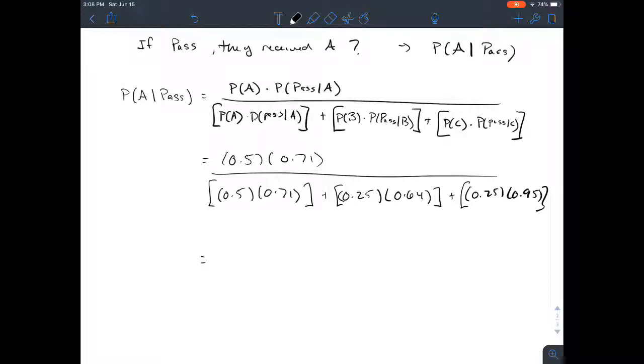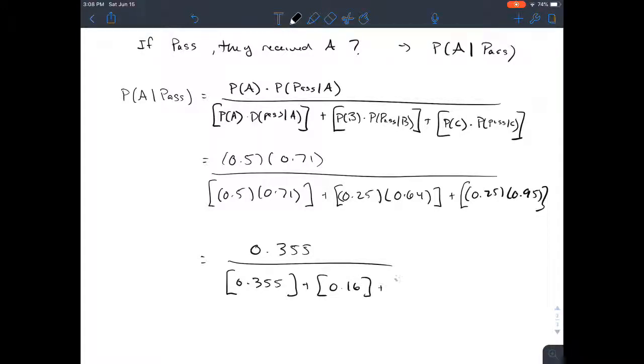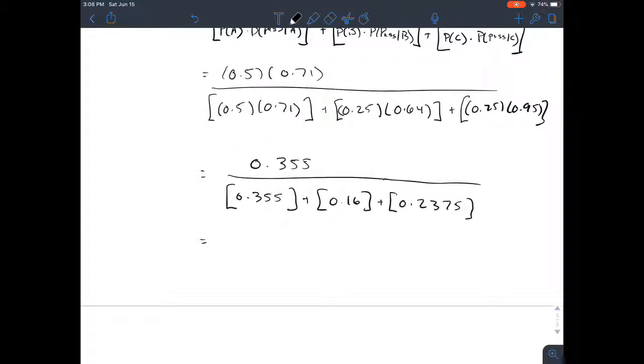Right, we can compute each of those. 0.355, 0.16, and we really want to hold off on rounding until we have to.